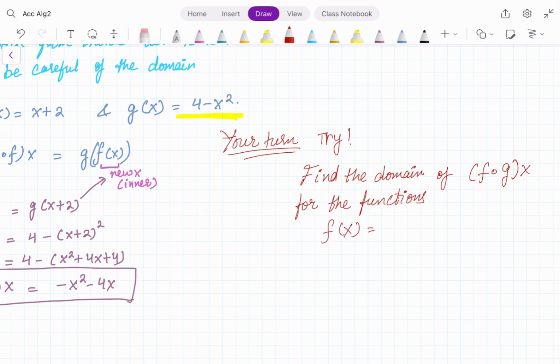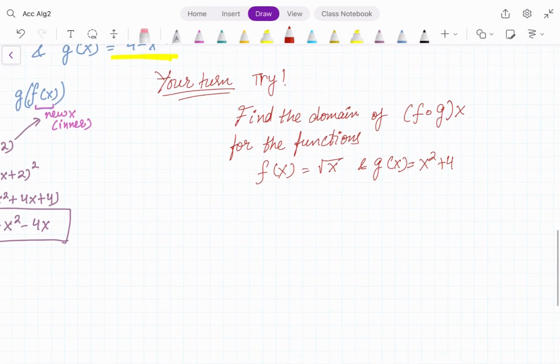So the two functions are f of x is radical x and g of x is x squared plus 4. Let me give you one hint. Try to graph the function and check the domain of the composite function.